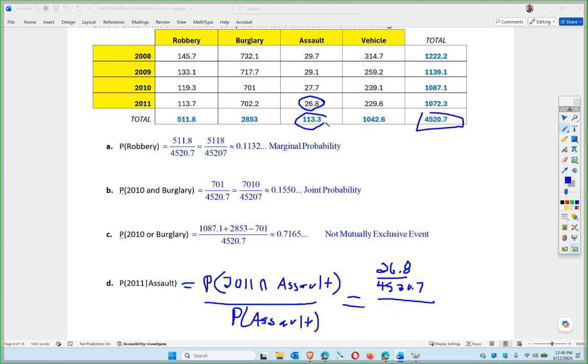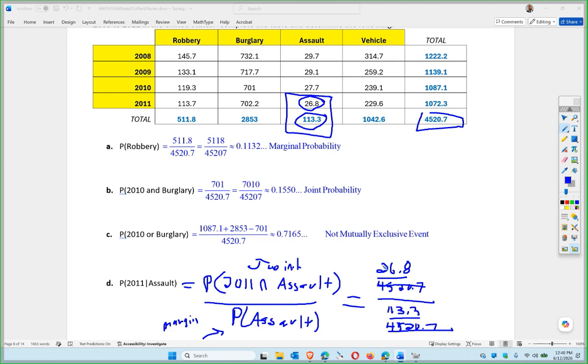So there's that right there, which is the 113.3 over the 45,207, right? So remember the trick, you can just ignore that because it goes away, right? And just do it over there, right? So joint over marginal, right? So that's a joint probability over a marginal probability, correct?